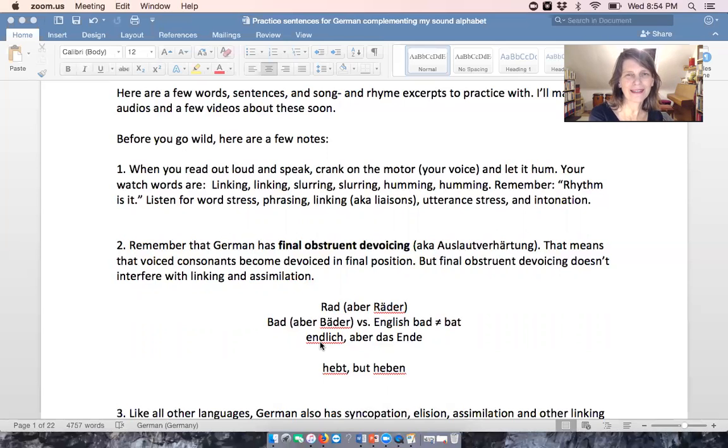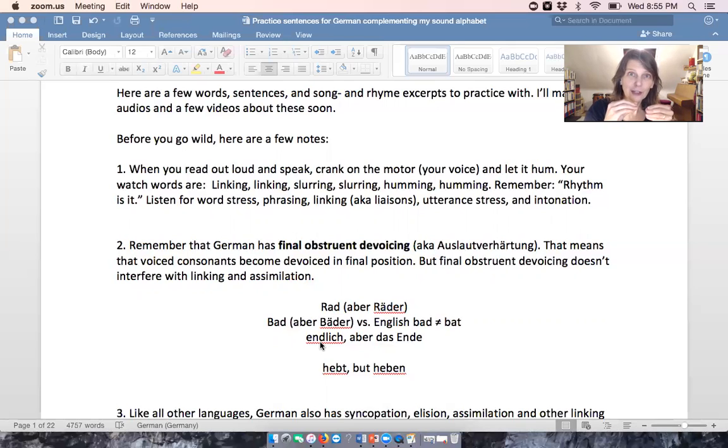And I'll talk about that a little bit later. Endlich. You actually swallow the T. So you have no voice, but you actually swallow the T and you release.